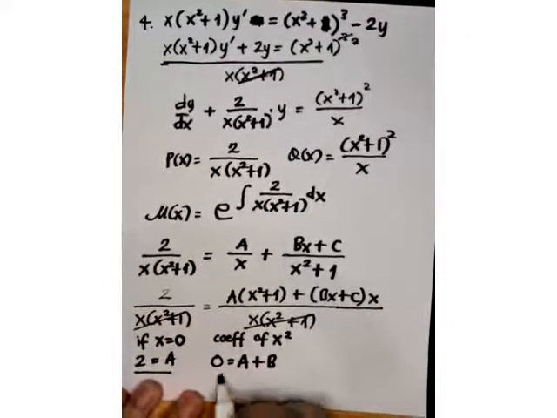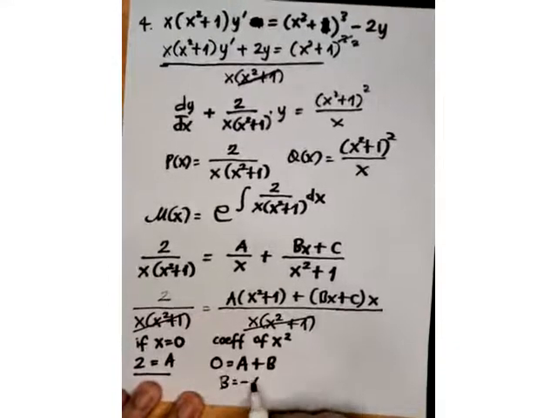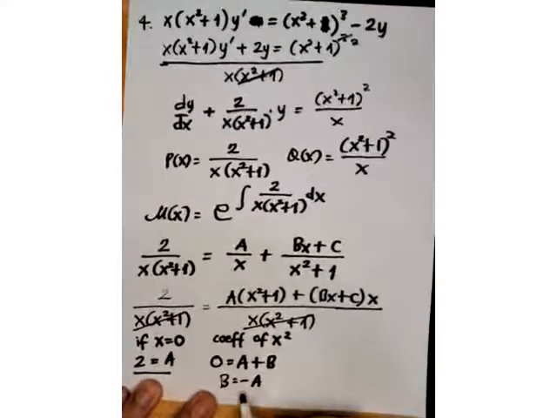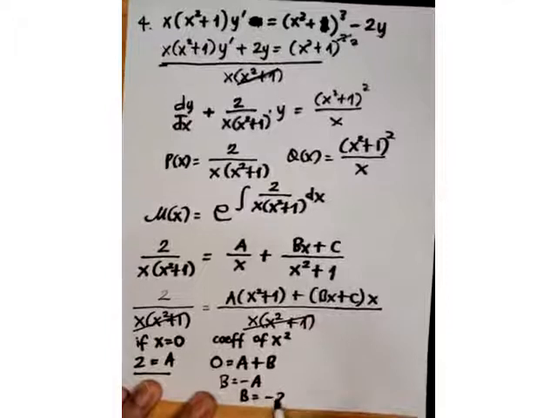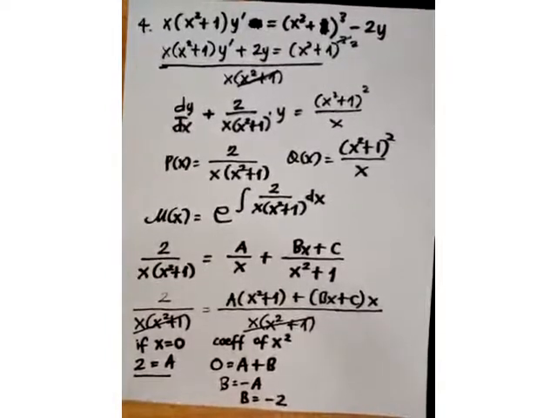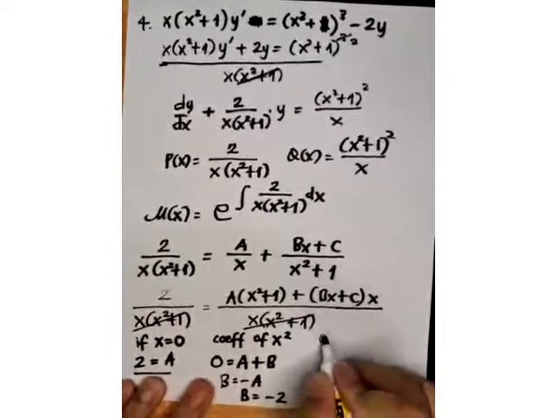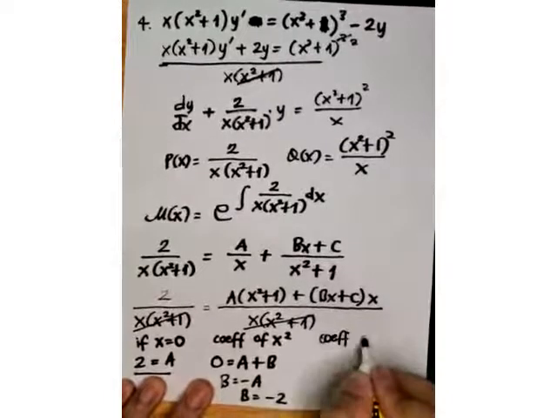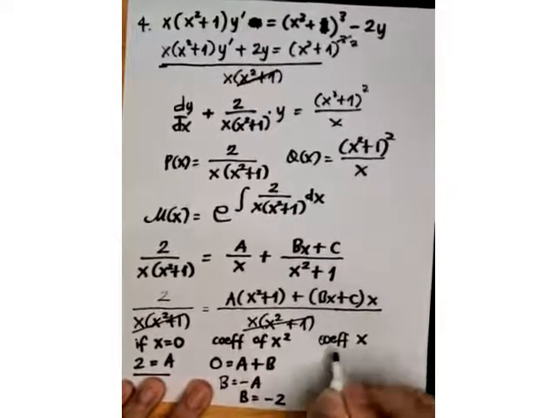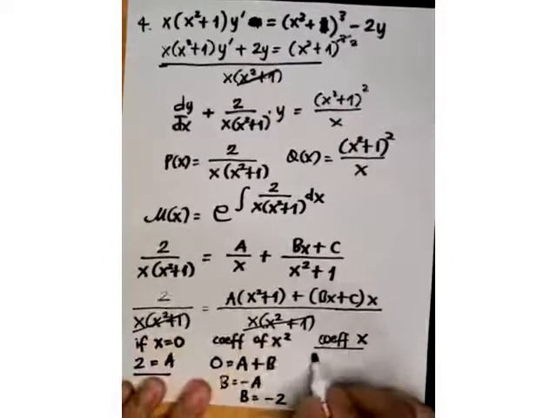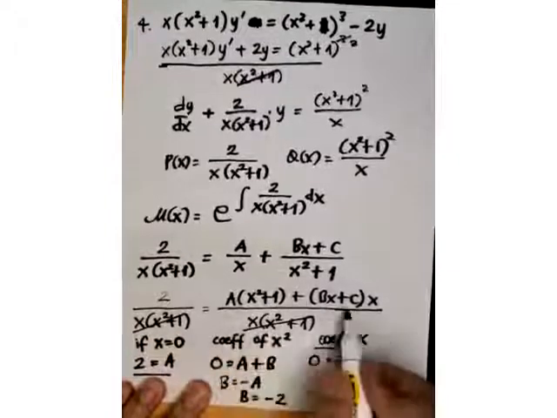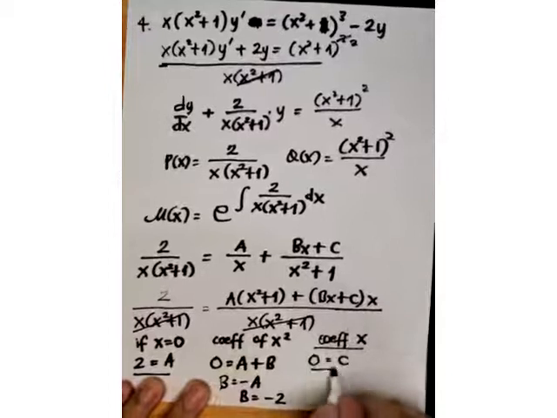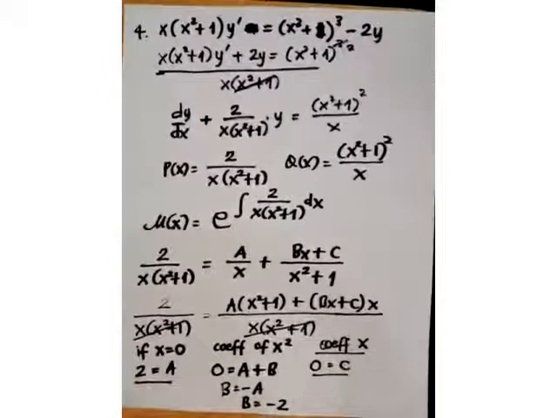So, therefore, b is equal to negative a. So, therefore, b is equal to negative 2. Okay. Next, coefficient of x. So, dito wala, 0. Dito mayroong c. So, therefore, c is 0.